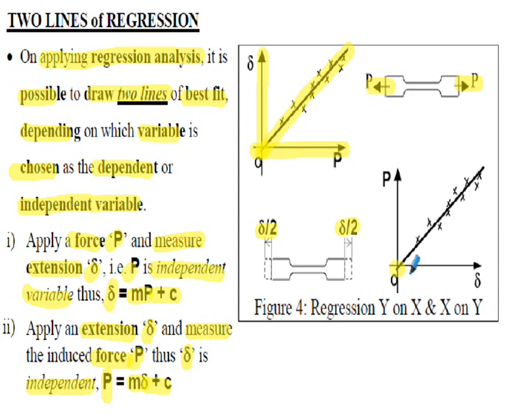So this time delta is on the horizontal axis and P is on the vertical axis, and our line of best fit is again drawn for the two variables. Thus in the top graph of figure 4 here, we can call that a regression of y on x, and in the lower diagram we can call that a regression of x on y, our two lines of best fit.